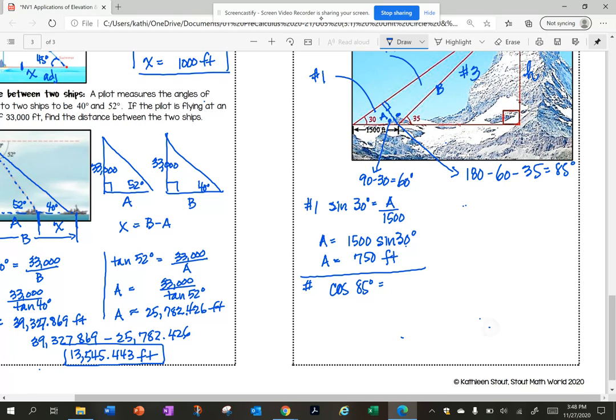The adjacent side, 750, divided by the hypotenuse, which is B. So solving for B, I get B is 750 divided by the cosine of 85 degrees. So I get B is approximately 8,605.285 feet.